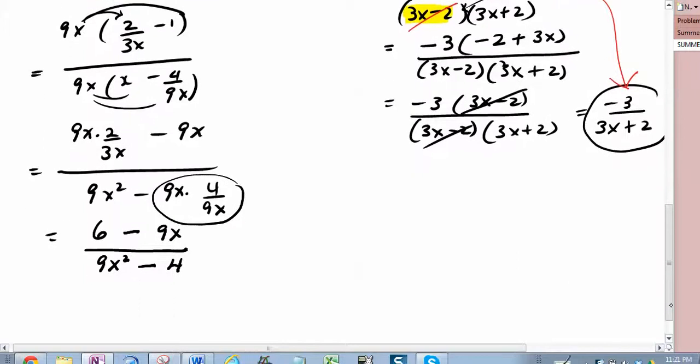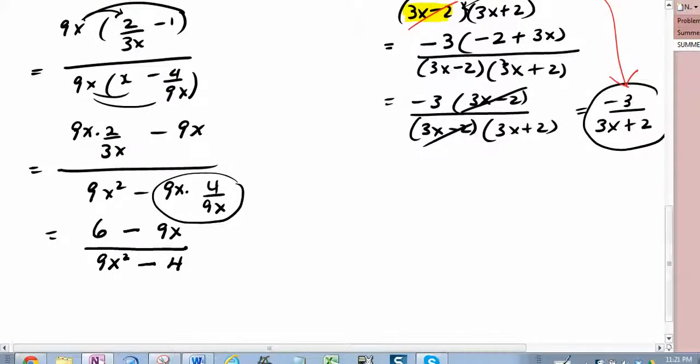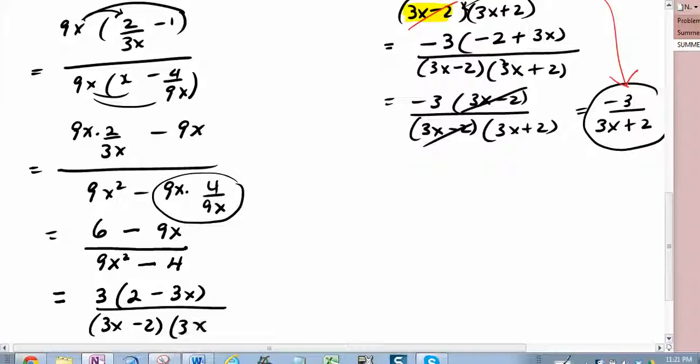Okay, I'm still not quite done because I've got factoring to do. In the numerator, I can factor out a 3 or a negative 3 if you're looking ahead. You could have done that too. The denominator factors into the difference of 2 squares.